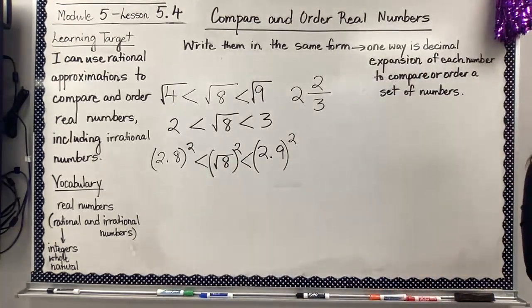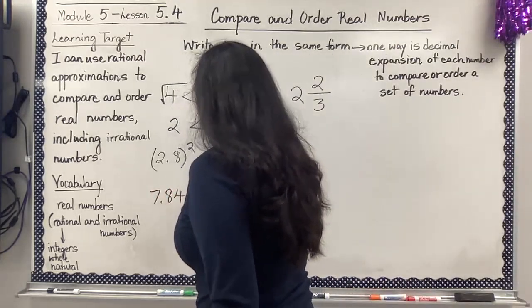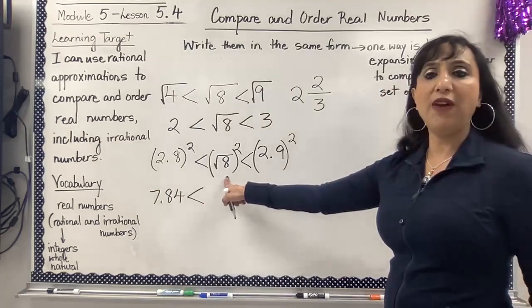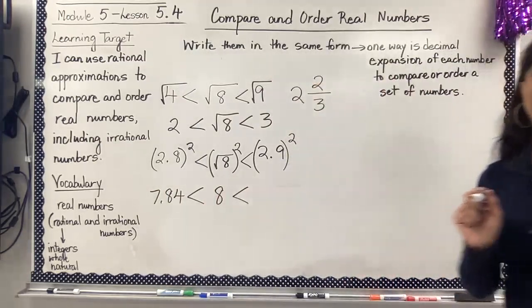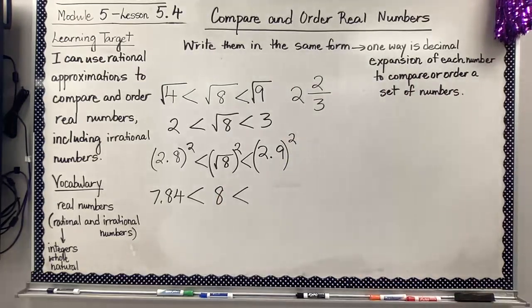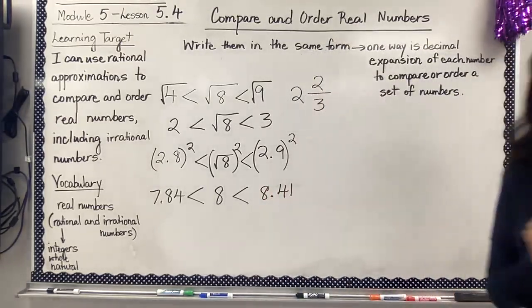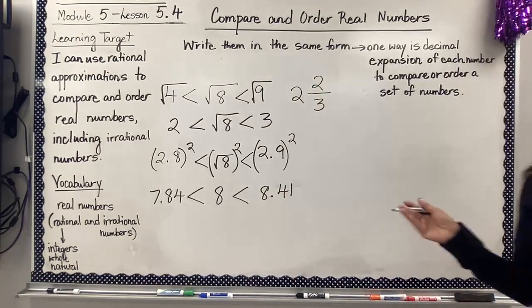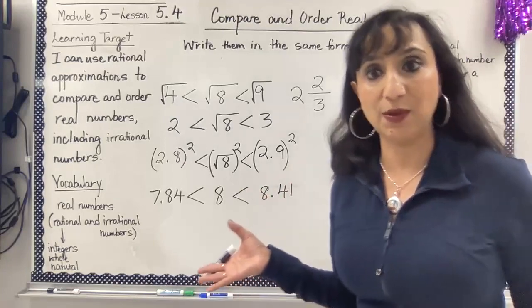Okay, so if I simplify this, what is 2 and 8/10 times 2 and 8/10? I'm going to get 7 and 84/100, less than square root of 8 squared is going to give me 8, which is less than 2 and 9/10 times 2 and 9/10 gives me 8 and 41/100. All right. So again, please remember, this is a refresher from yesterday just so that we can see how to put it in the decimal format.